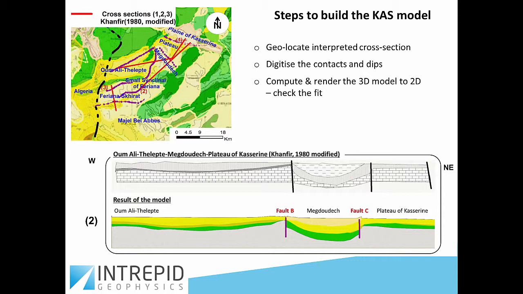This then enables digitization of contacts and dips in their 3D locations, and as this is done, more and more data can be added to the model and recomputed and re-rendered at any time. This enables constantly checking the model in 2D against a 2D section, such as shown below.